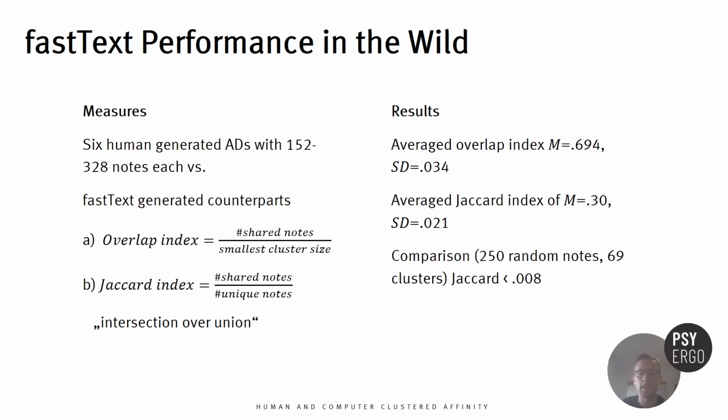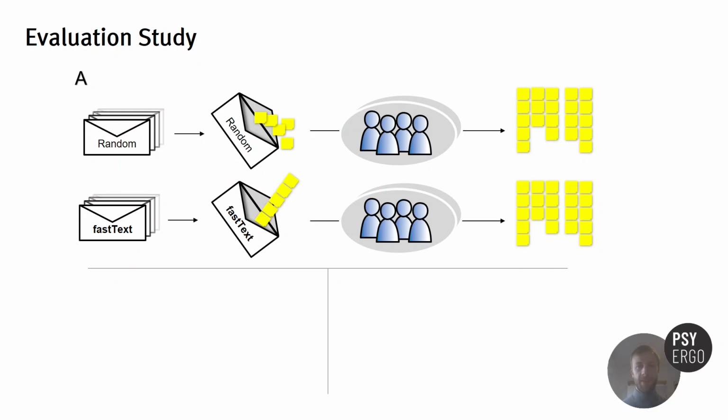We therefore conducted a study to determine the helpfulness of FastText pre-clustered affinity diagrams in real-world applications. We set up an evaluation study to test whether algorithmically supported affinity diagramming is more efficient without losing its value for the design process. In the first part, we focused on efficiency and hypothesized that design teams working with pre-clustered affinity nodes would be faster in building an affinity diagram than design teams with randomized affinity nodes.